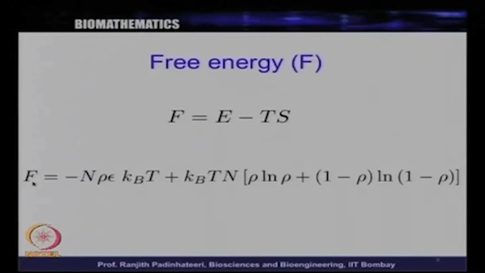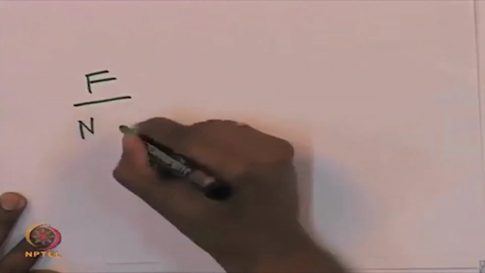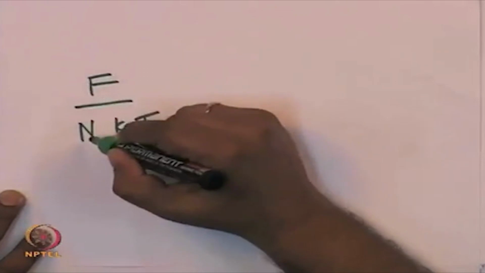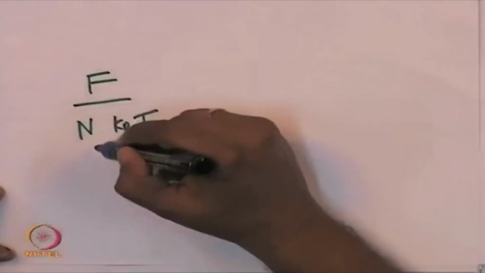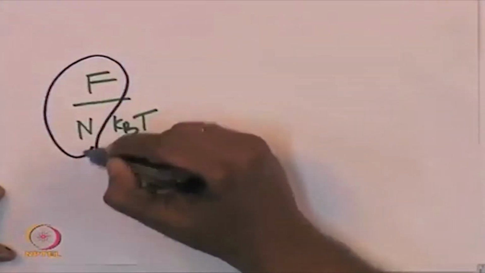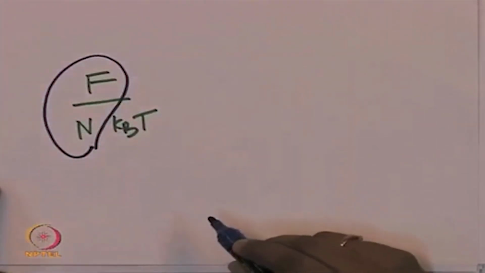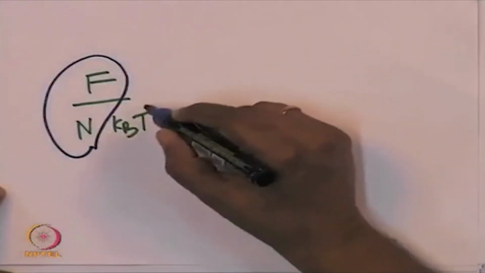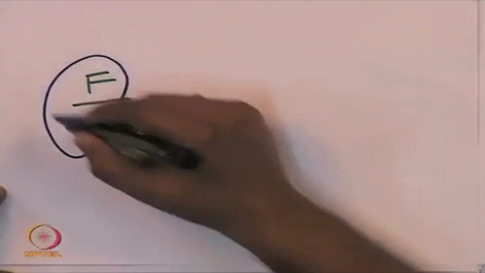So, I can divide throughout by n and kBt, so that I get f by n kBt. What does this mean? F by n means free energy per binding site, and in units of kBt. So, this is a dimensionless number.